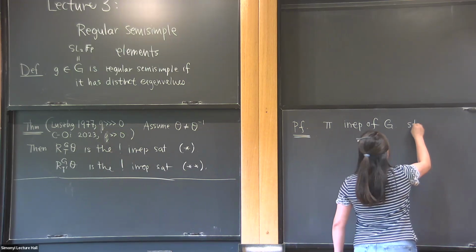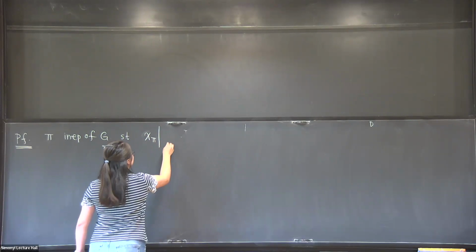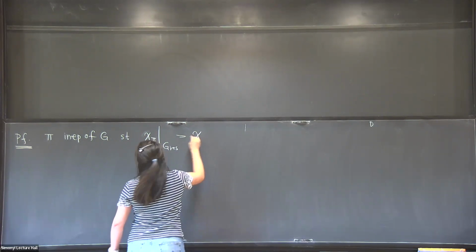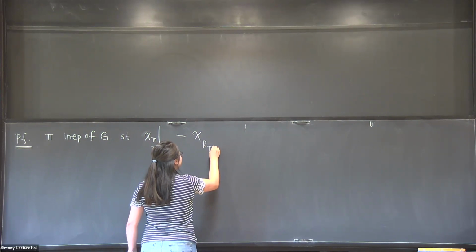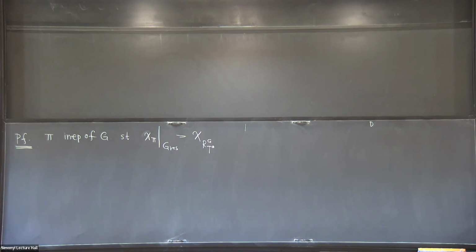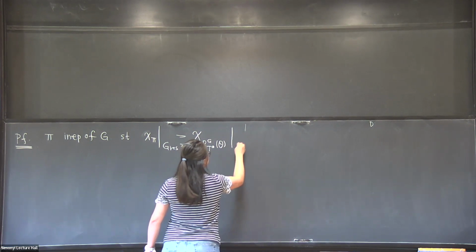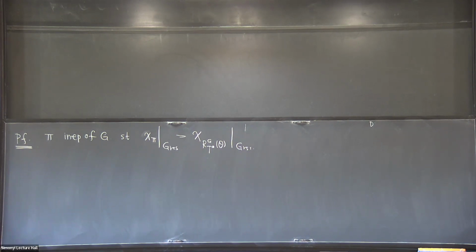So such that the character of pi on the regular semisimple part is equal to the character of one of these two things. I'm going to denote it by a big dot here to mean that it's either T or T prime, and so the proof is uniform in both of these cases. So what do we want to show?